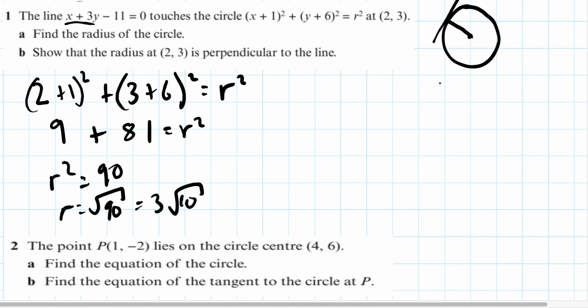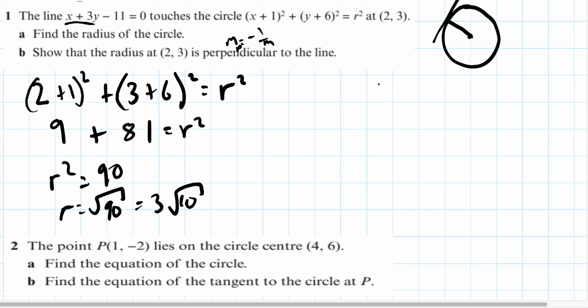So to show that it's perpendicular, the perpendicular gradient can be minus 1 over m. So let's find the gradient of the line by rearranging.